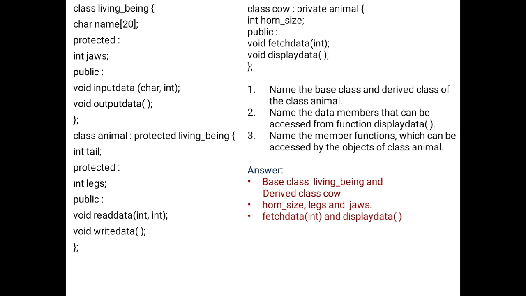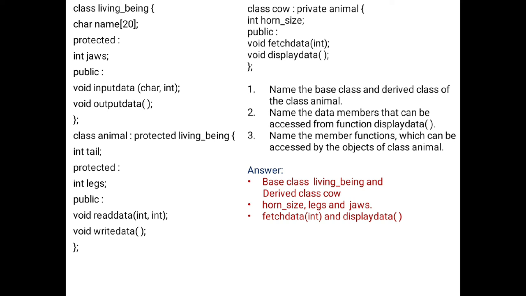Next we have another similar example. Consider the following declaration and answer the questions given below. So this is question number 13. Here you have a class living being. It has its data member character name of size 20, so the name of that particular person can be up to a maximum of 20 characters.